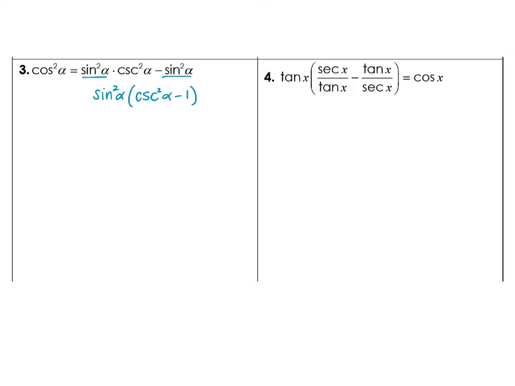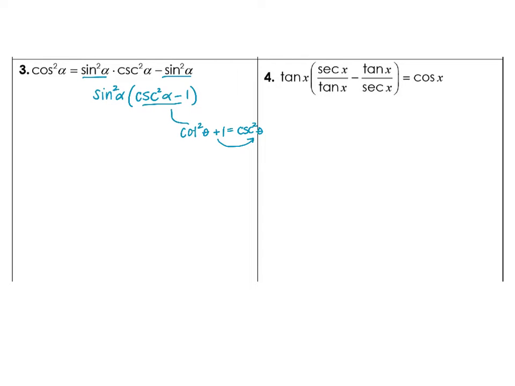And then over here to the side, our Pythagorean identity that involves 1 and cosecant is going to be cotangent squared theta plus 1 is cosecant squared theta. So that's the trig identity that we need to be thinking about. We can subtract over our 1, and we do get what's here inside the parentheses.